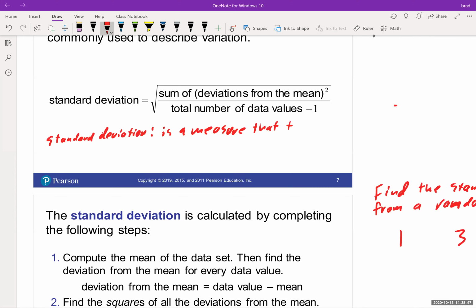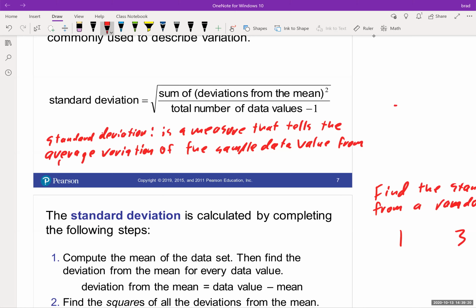that tells the average variation of the sample data values from their mean.